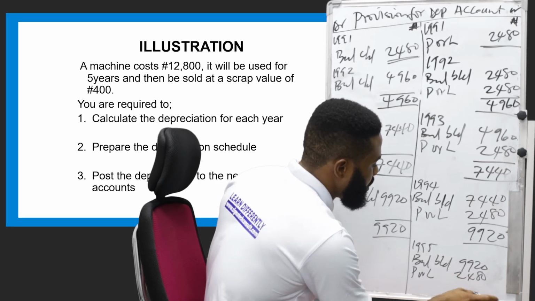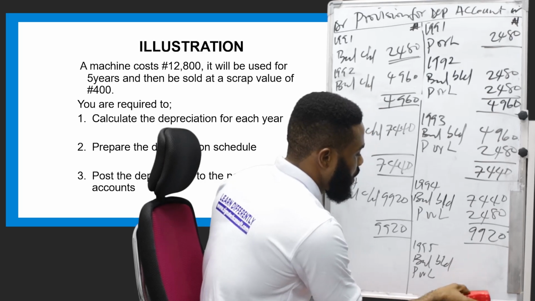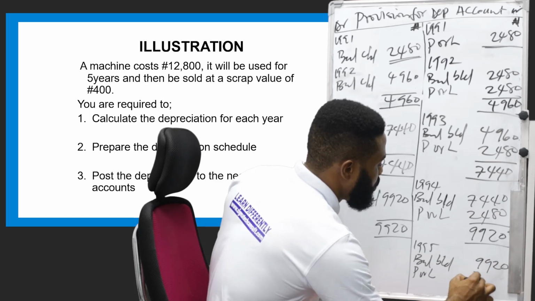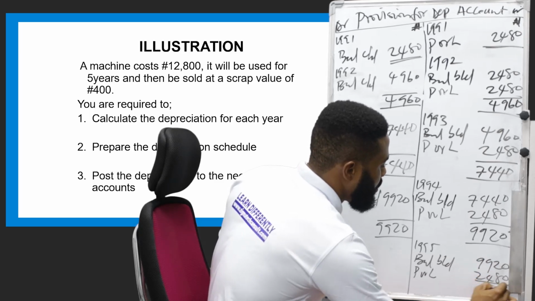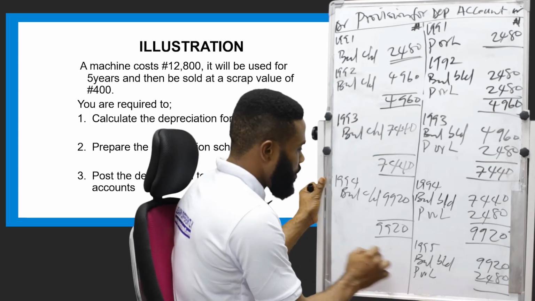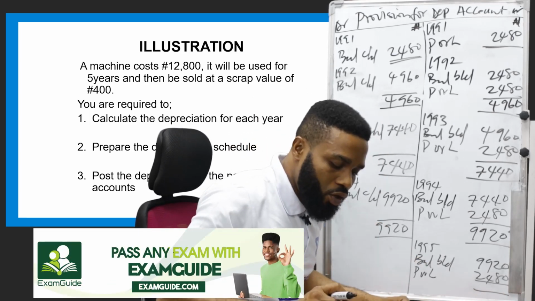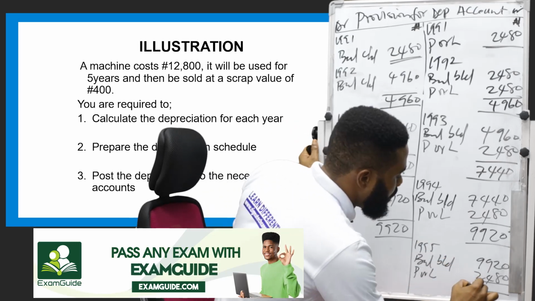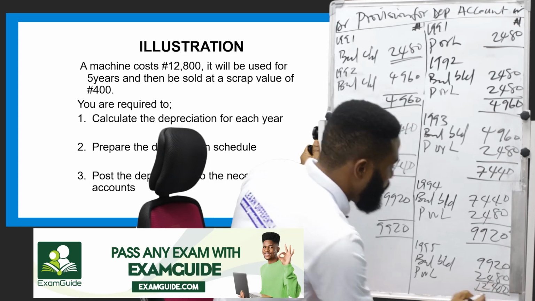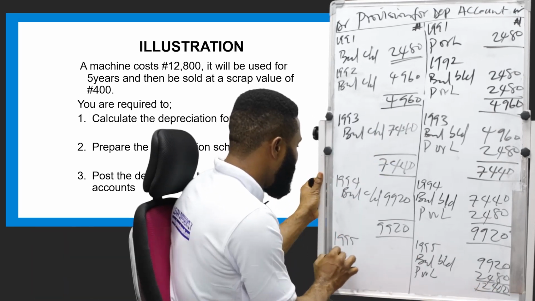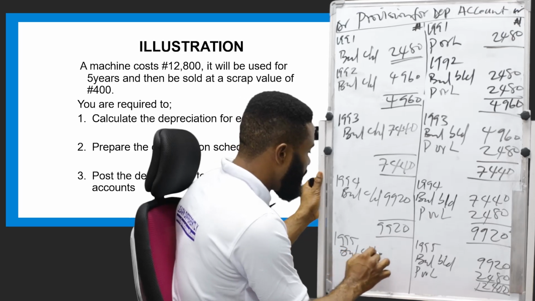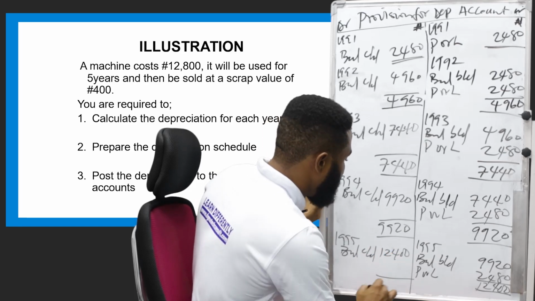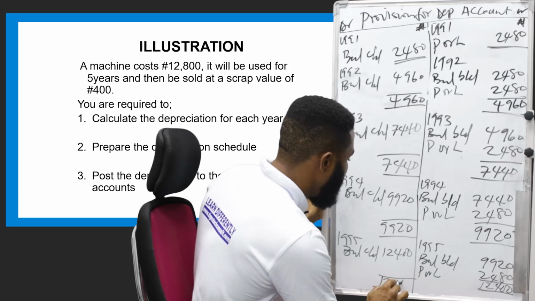So whatever you have there, you have 9920 plus 2480, you have 12400, and then you come here 1995, your balance carried down is 12400 and your value becomes 12400.